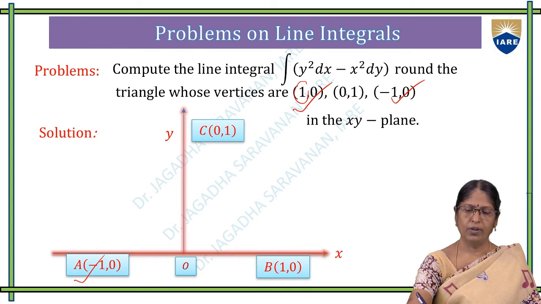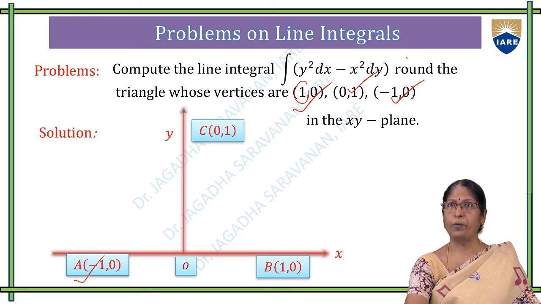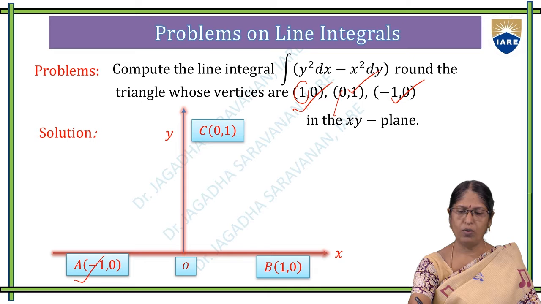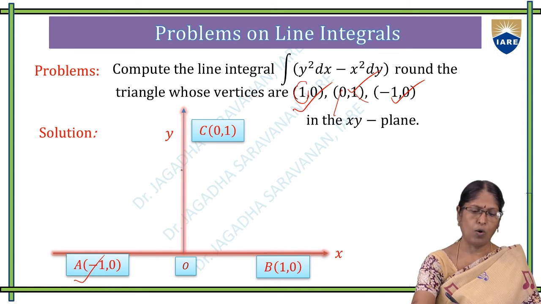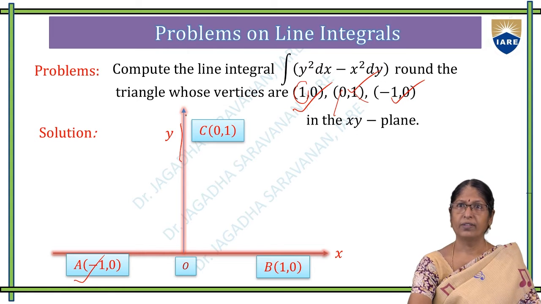And one more vertex, the coordinate point is 0, 1. That is x is 0 and y is 1 on the y-axis, that is C of 0, 1.